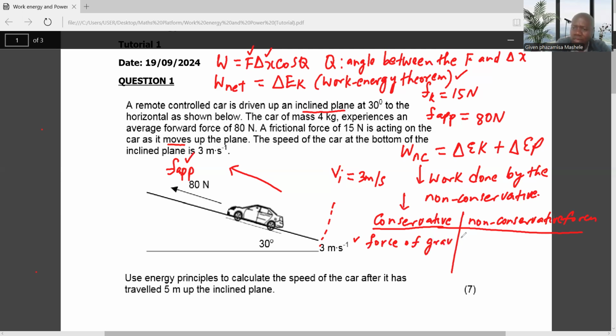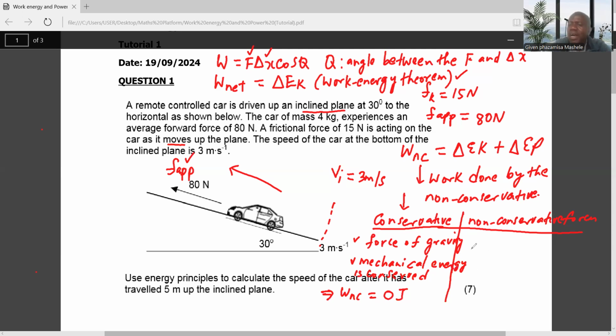So it means for an object that has a conservative force only, mechanical energy is always conserved. What does this mean? It means mechanical energy is the same before and after, only when we have conservative forces. And it means that the work done by the non-conservative forces is always zero when we have only conservative forces.